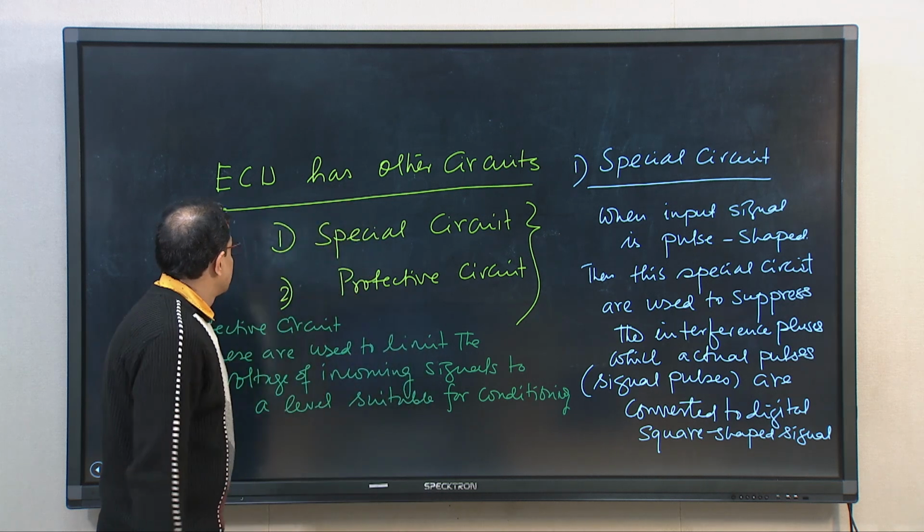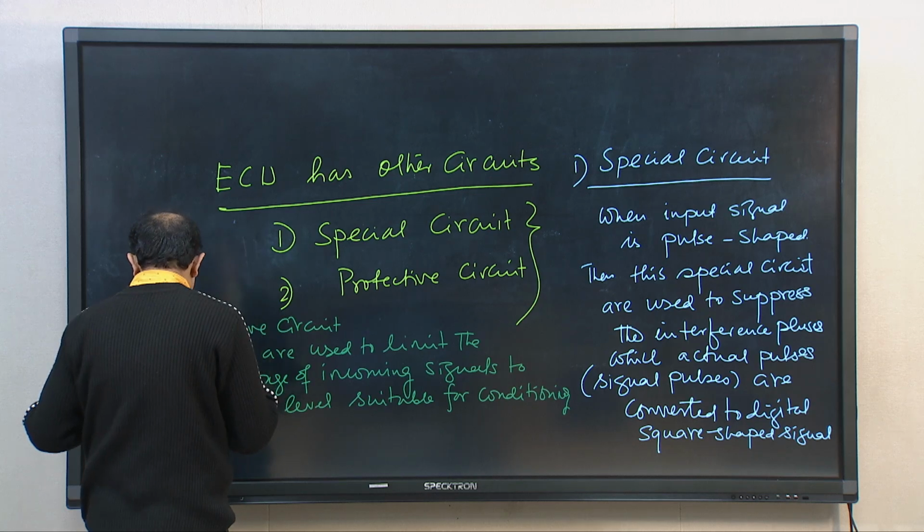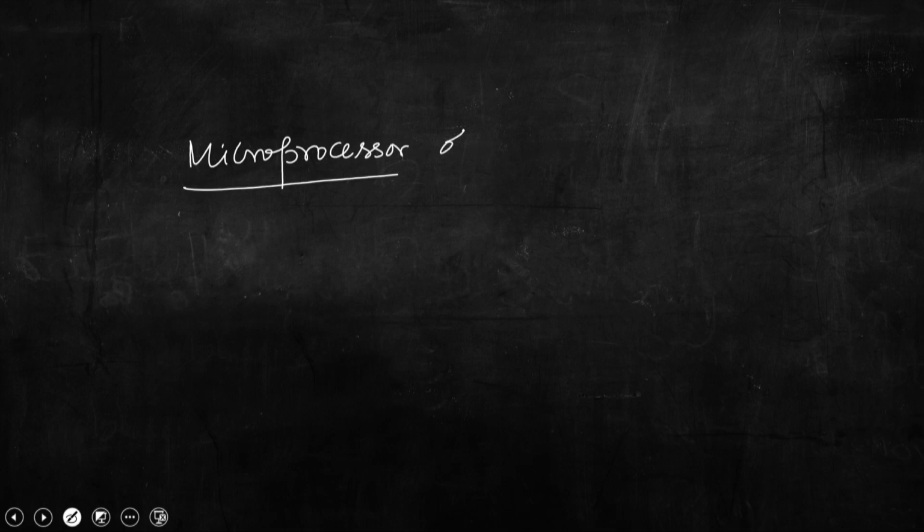So, these are the special circuits, and finally, the most important component is the microprocessor of the ECU.